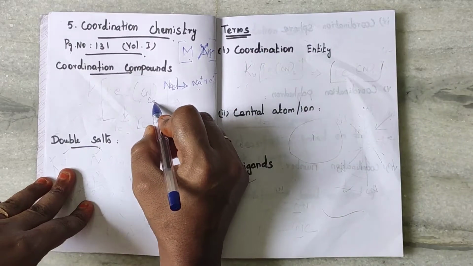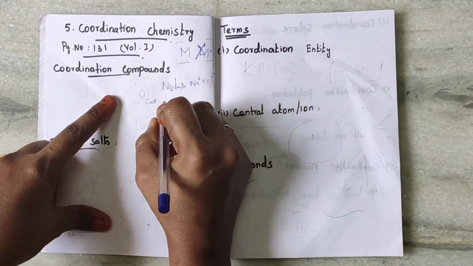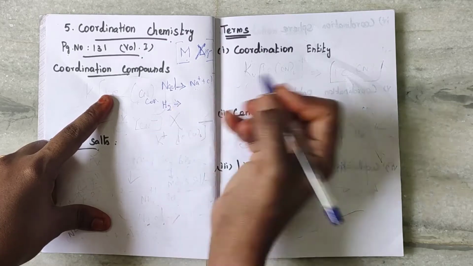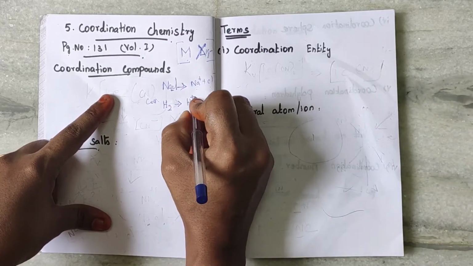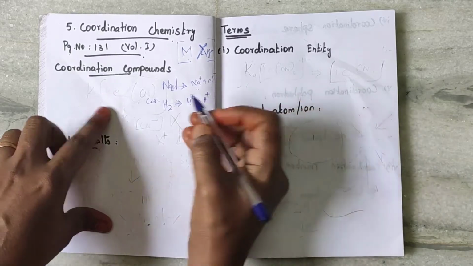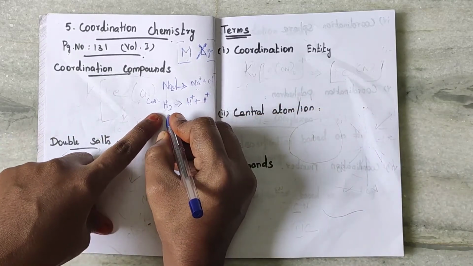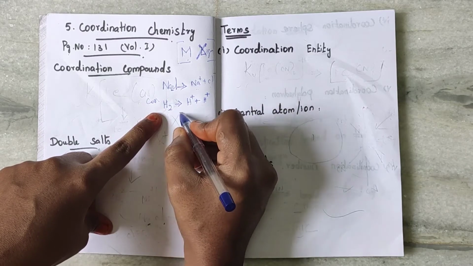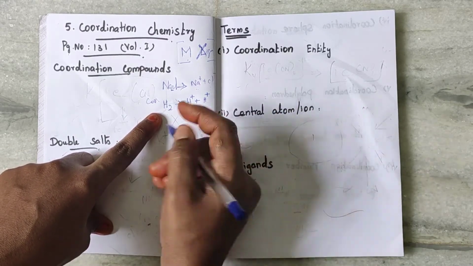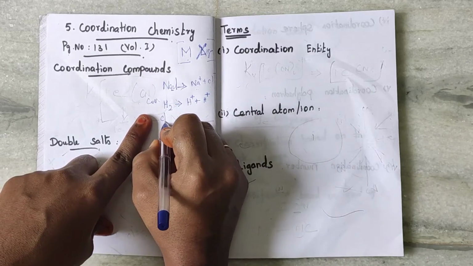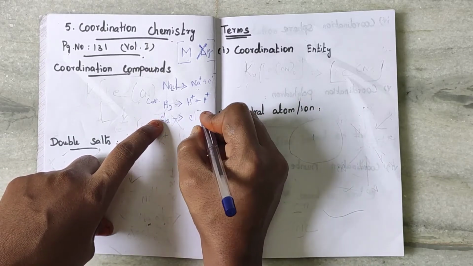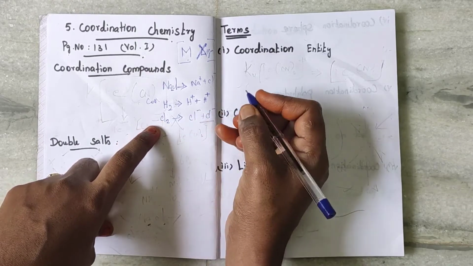What is a covalent bond? Example, H2. It gives H plus cations, also H plus cations. So the hydrogen molecule dissociates and gives two same type of ions. Then another example, Cl2. It dissociates and gives Cl minus ions, also Cl minus ions.